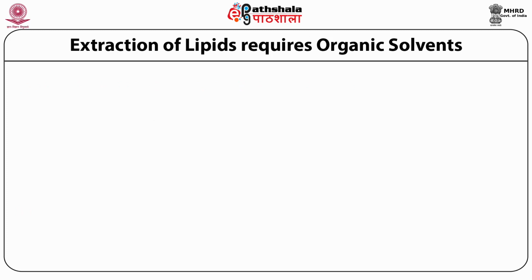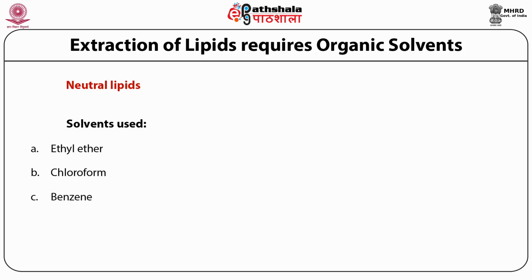So different mixtures of organic solvents are used to isolate different types of lipids. For example, if you are interested in isolating or extracting neutral lipids from a mixture, the solvents that you would prefer to use would be ethyl ether, chloroform, or benzene. And why these solvents?